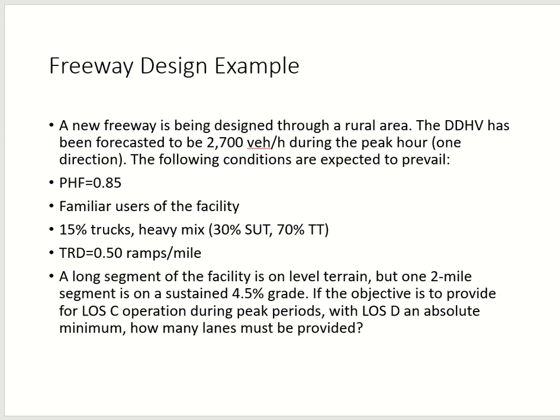Number of lanes. Okay, so it's a new freeway, obviously. Don't design the old one, right? So it's a new freeway, rural area. Like I did yesterday, let me write down this data because we will be moving up and down.